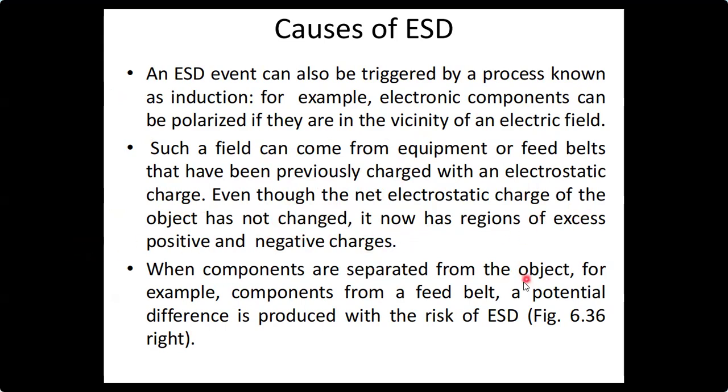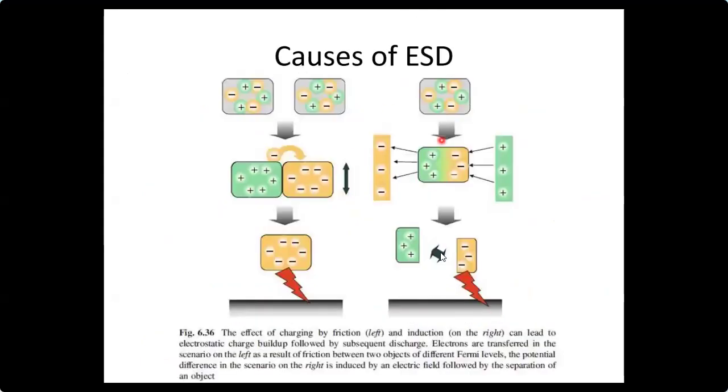When components are separated from the object, for example components from a feed belt, a potential difference is produced, with the risk of ESD. This is the figure we can see here. This is the effect of charging by friction, and this is the effect of charging by induction. Suppose two charged bodies are very close in contact; the high energy level moves toward zero.